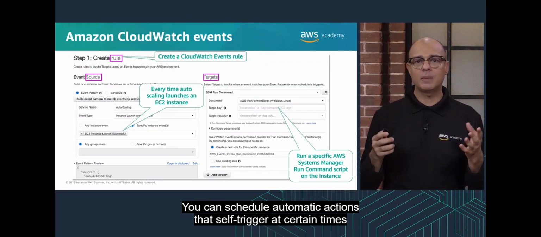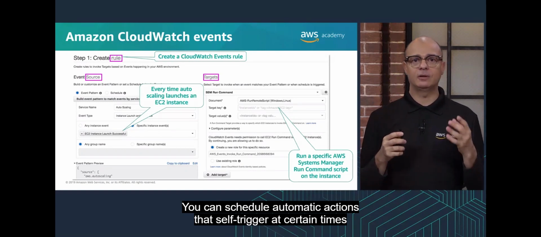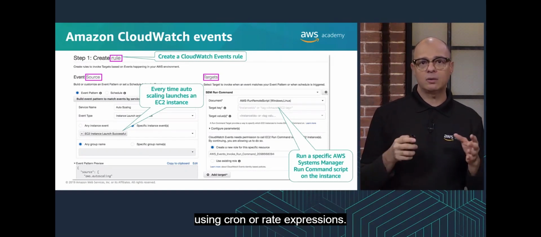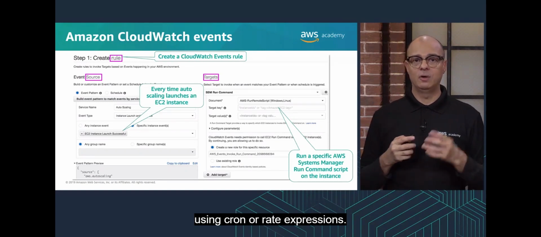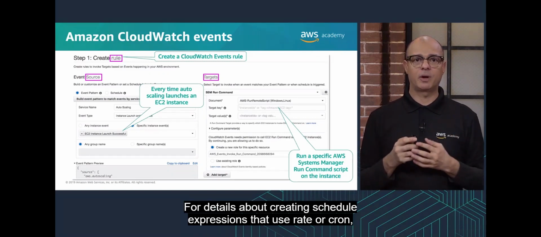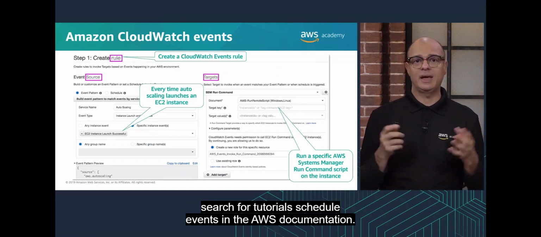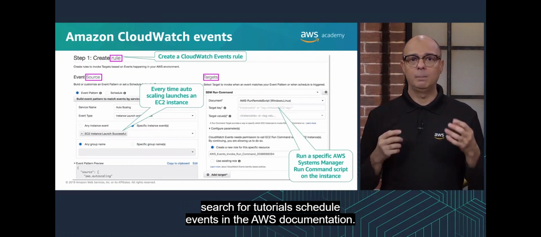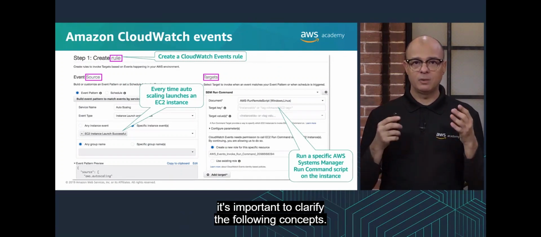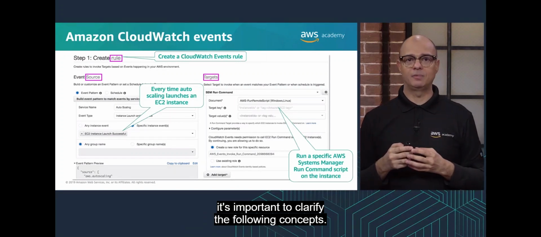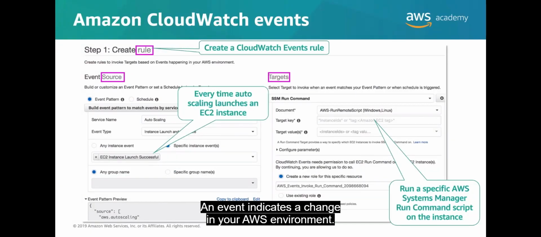You can schedule automatic actions that self-trigger at certain times using cron or rate expressions. For details about creating schedule expressions that use rate or cron, search for tutorial schedule events in the AWS documentation. Before you use CloudWatch events, it's important to clarify the following concepts. An event indicates a change in your AWS environment.